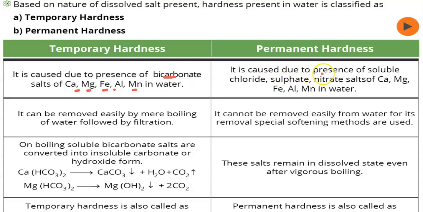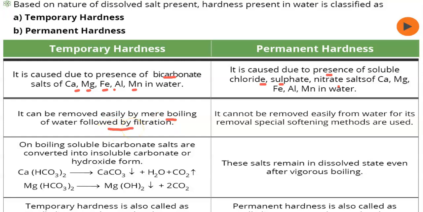Permanent hardness is caused by the presence of soluble salts of heavy metal ions other than carbonate and bicarbonate. It can be a chloride salt, sulfate salt, nitrate salt, etc. Temporary hardness, as the name suggests, can be easily removed by boiling followed by filtration.